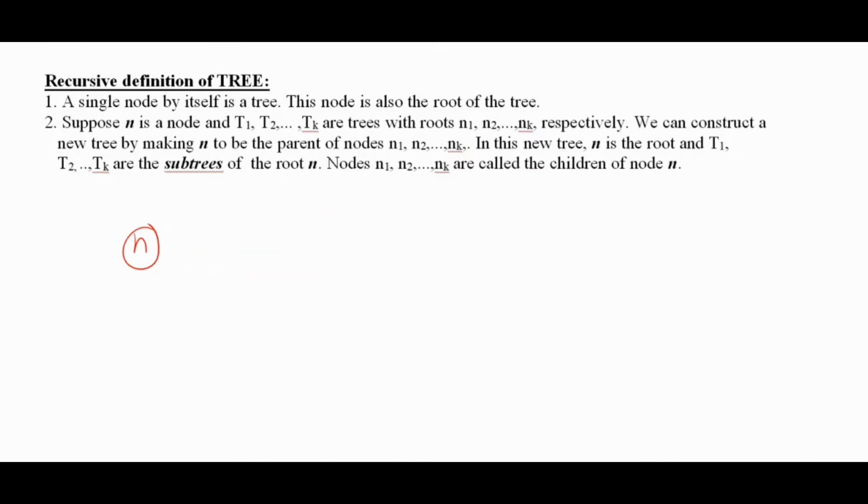Second, suppose n is a node and T1, T2 up to Tk are trees with roots n1, n2 up to nk. And say for example, for this tree T1, the root is n1, and say this has children nodes.